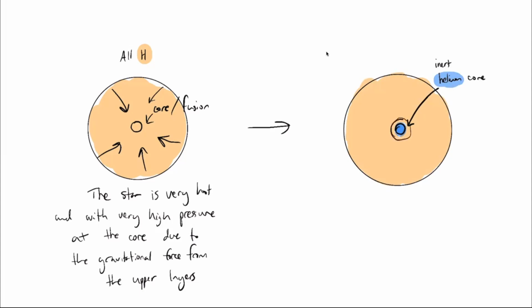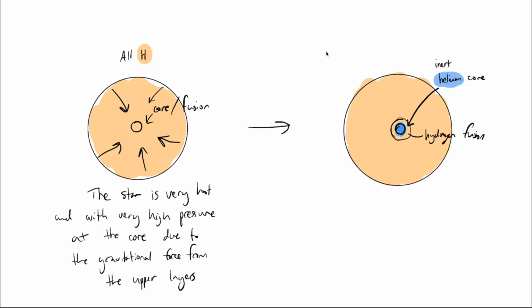There's a tiny little shell around here, which still has hydrogen fusion. But the fusion of hydrogen to helium is no longer happening in the core. It's happening in this little shell around the core.